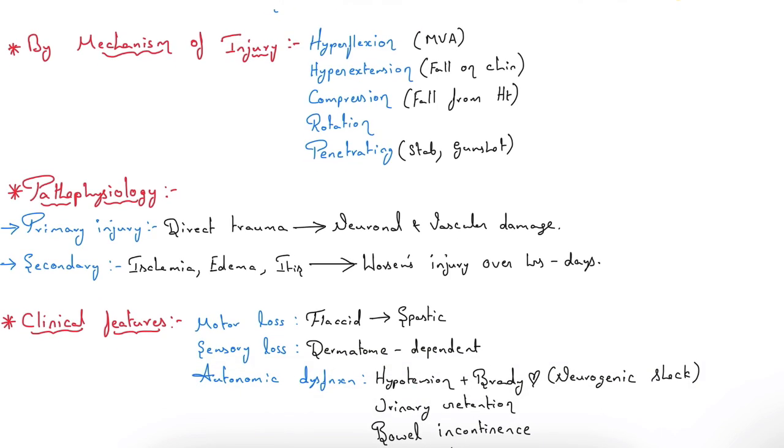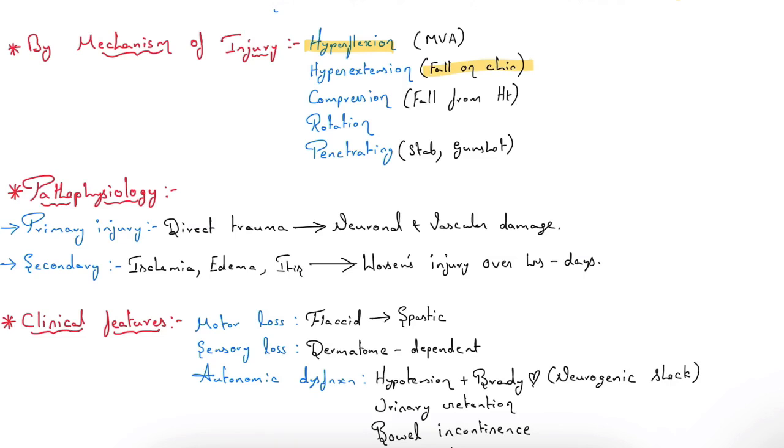Okay, next, by mechanism of injury we can think. Second one, hyperflexion. Hyperflexion means, like in motor vehicle accidents, we can see this type of mechanism of injury. Next one, hyperextension, like a fall on the chin.